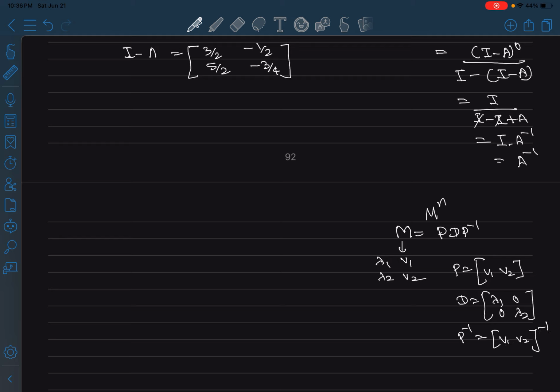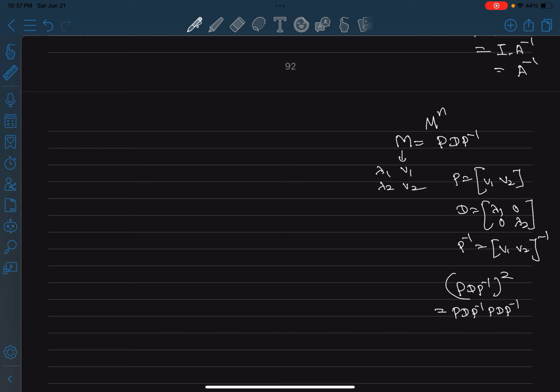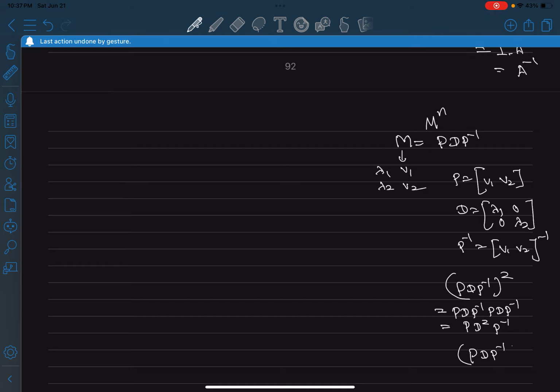To find the nth power, say you are finding the second power: you have P D P inverse times P D P inverse. P inverse P cancels and becomes I, so this becomes P D squared P inverse. If you continue, the nth power of P D P inverse is just P D to the power n P inverse.